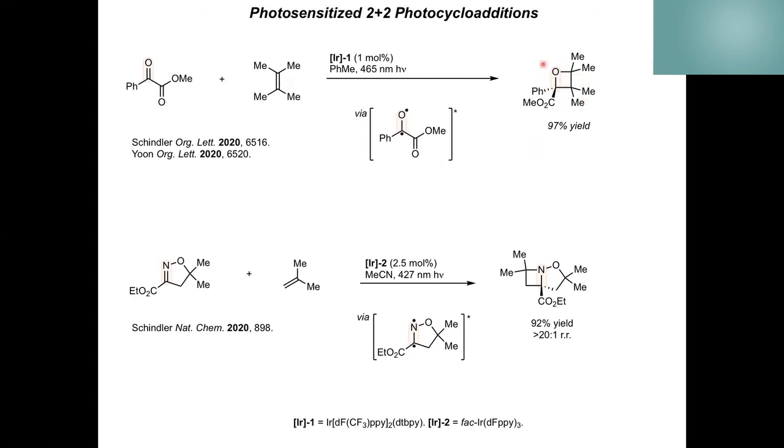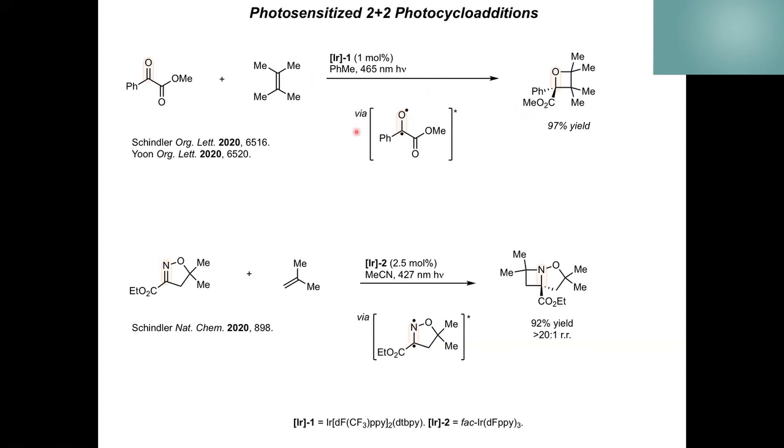And so oxetane forming photo 2+2s can be really limited in terms of the substrate pairings. So being able to use photosensitizers that have tunability in them as a means to activate ketones, not through direct irradiation, does provide the ability to really substantially expand the scope of the types of oxetanes that can be formed.